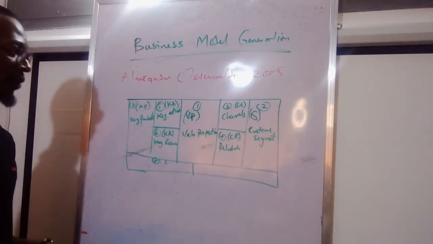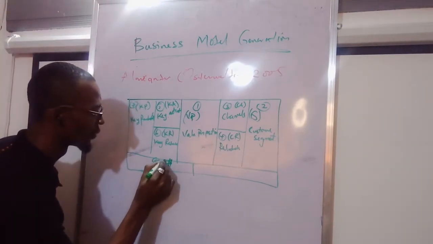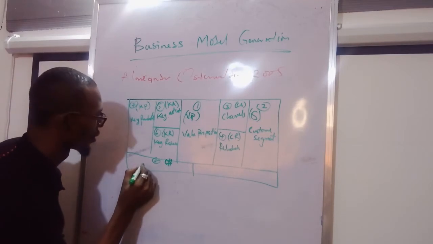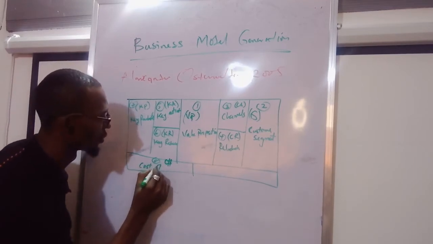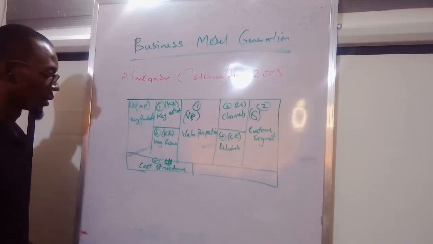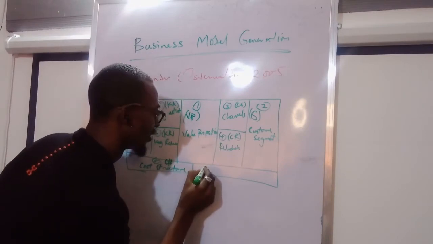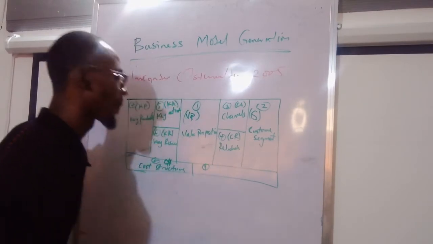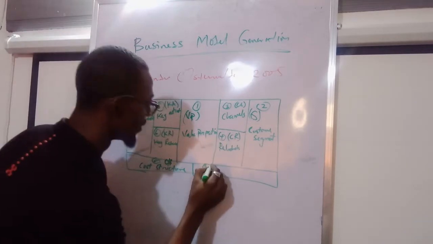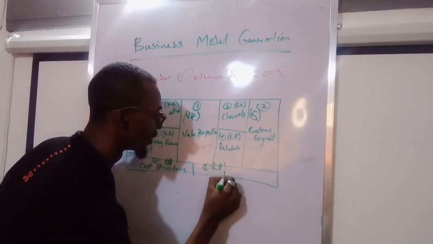Customer relationship. Number 8 is what? Cost structure. CS. Yep. Or probably C dollar. Then number 9 is R dollar, or revenue stream.